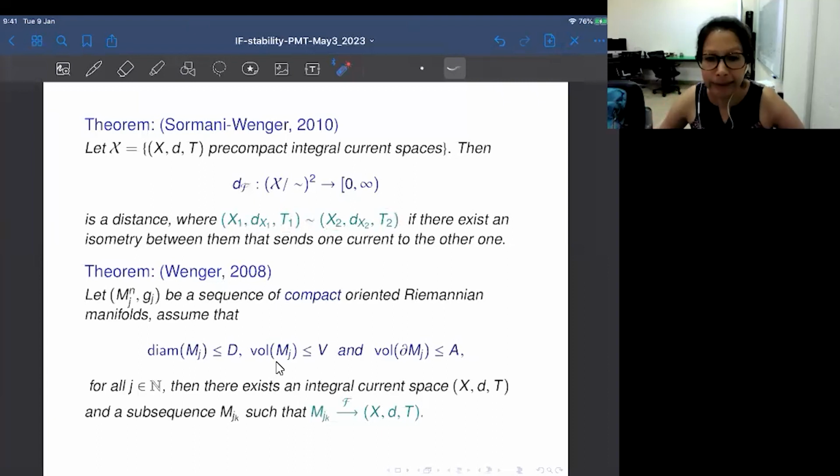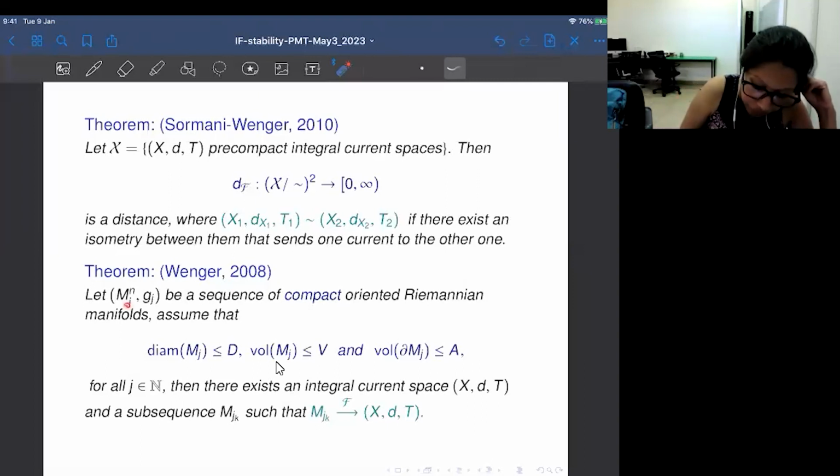Okay, and then Wenger proved a compactness theorem. This compactness theorem actually holds for integral current spaces, but I just wrote it for Riemannian manifolds. But this theorem says, if you have a diameter bound, a volume bound, and an area bound, uniform bounds, then given this sequence, you will have a converging subsequence.